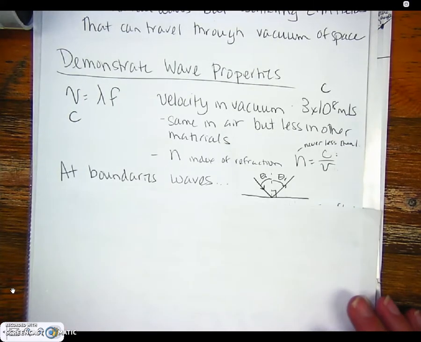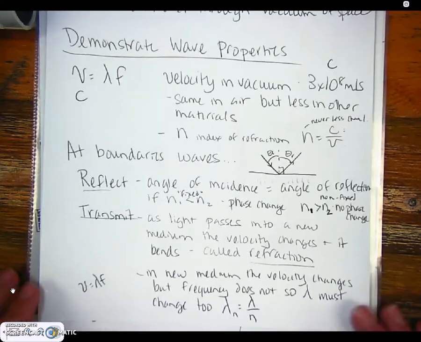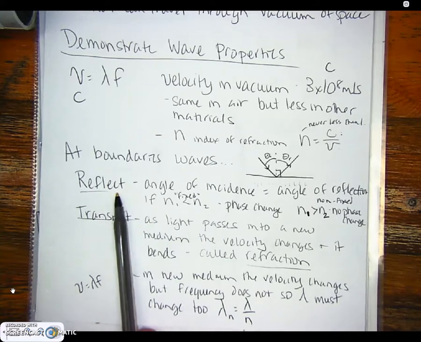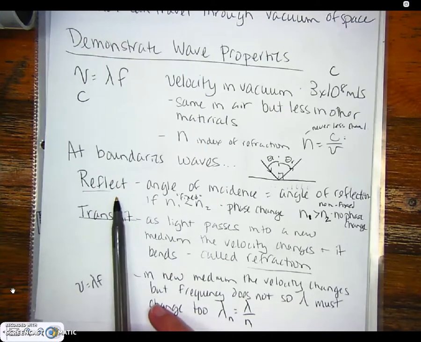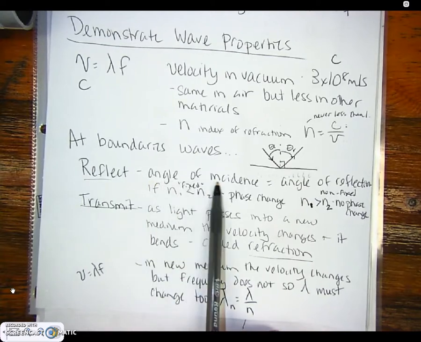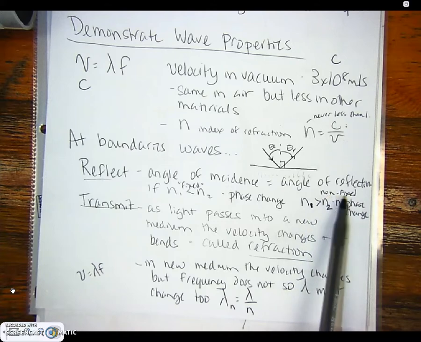All right, so at boundaries, we know that light, or any wave, will both reflect and transmit as it encounters a boundary. If we're talking about reflection, and I'll go into more detail about mirrors in a second, if something encounters a mirror, the angle of incidence is going to be equal to the angle of reflection.